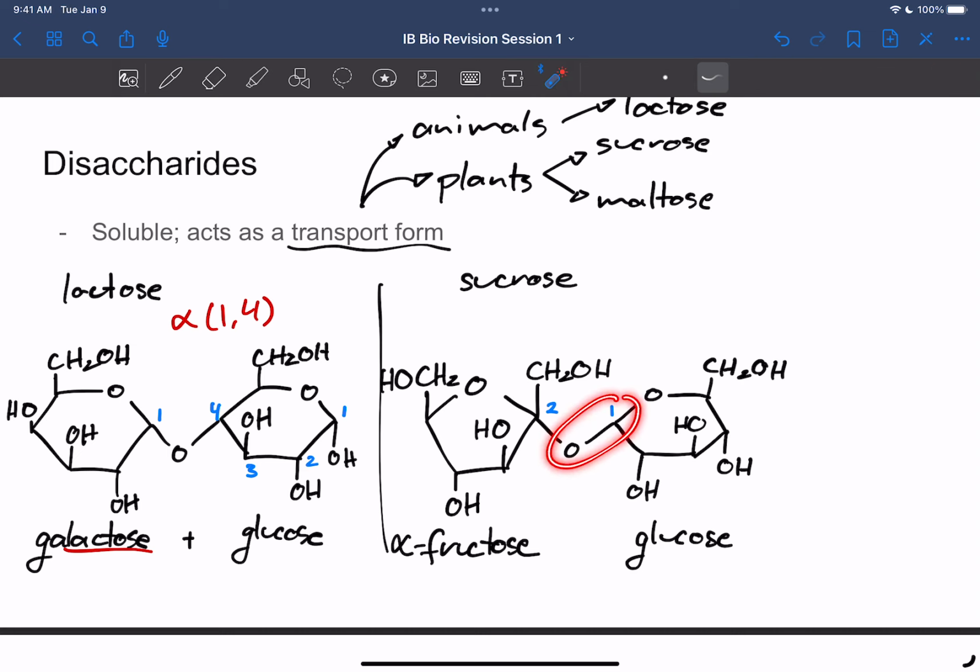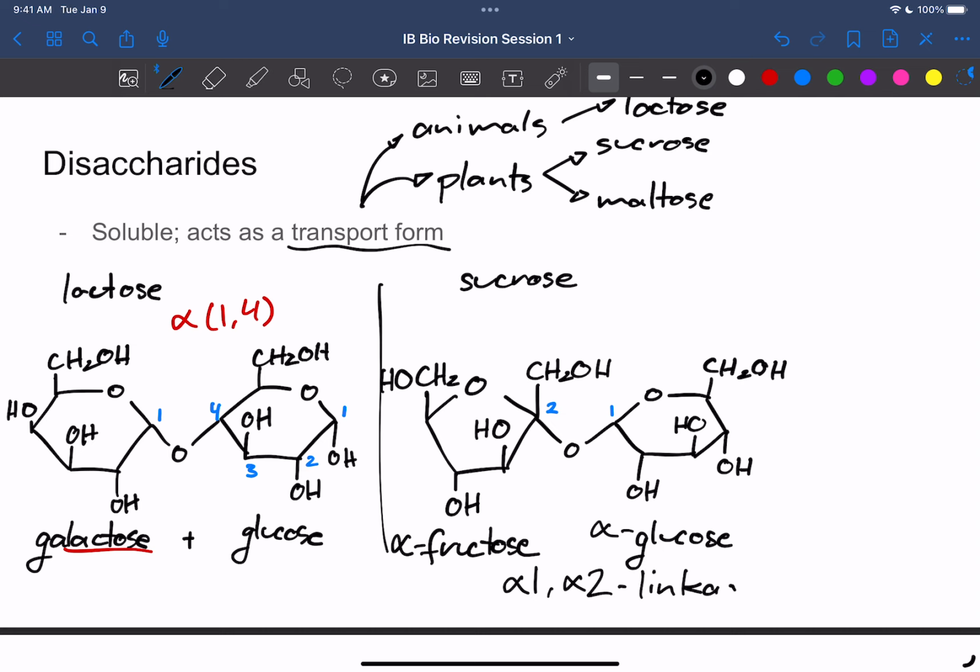If the carbon 1 OH is opposite to this one, it is also alpha. So this is actually an alpha 1, alpha 2 linkage. This is extra. You don't have to know this one. No worries. All you have to know is sucrose is made of fructose and glucose. That's it. We'll make it a little easier for you guys.